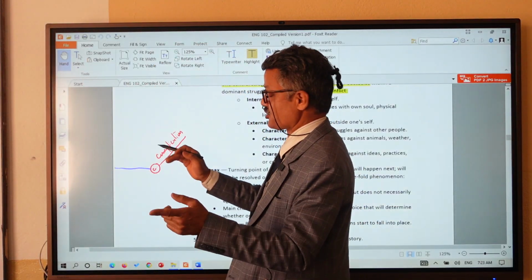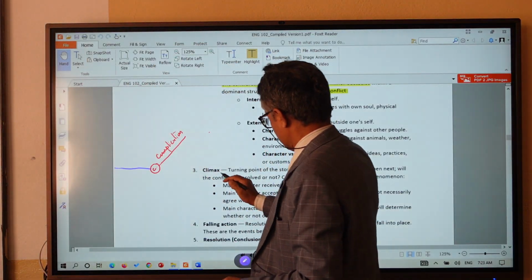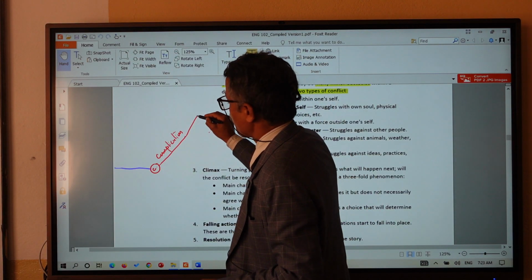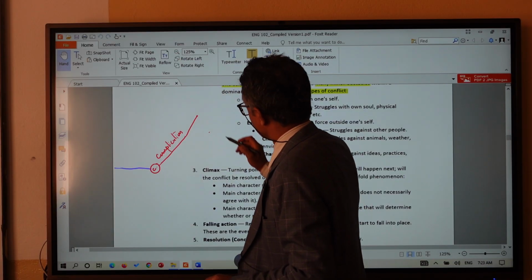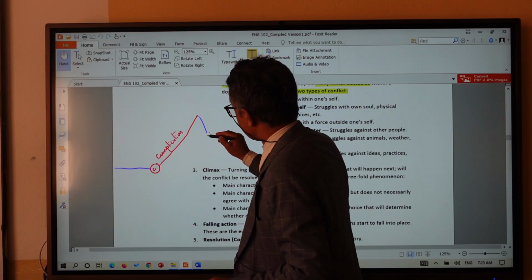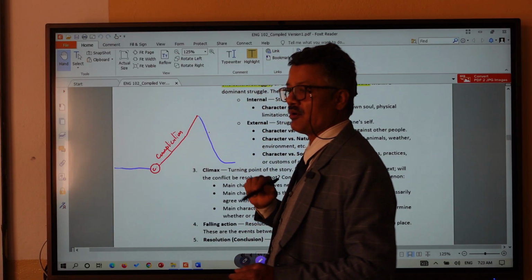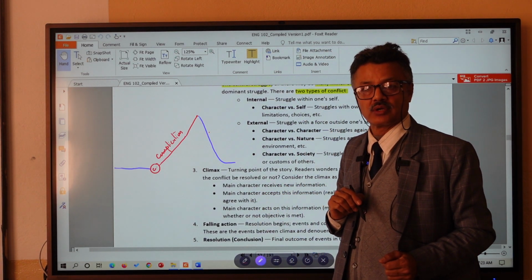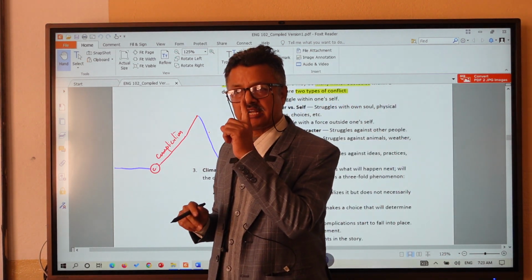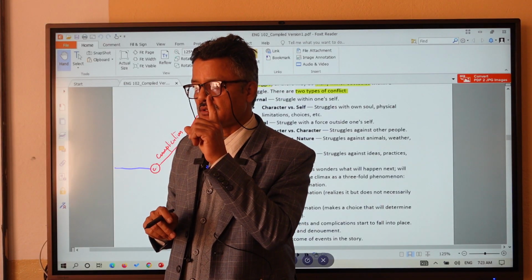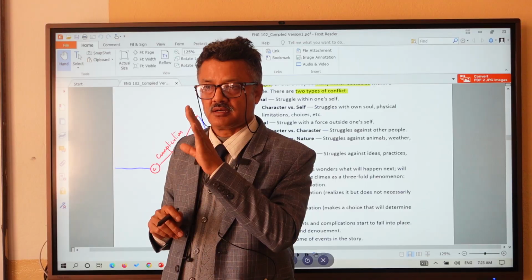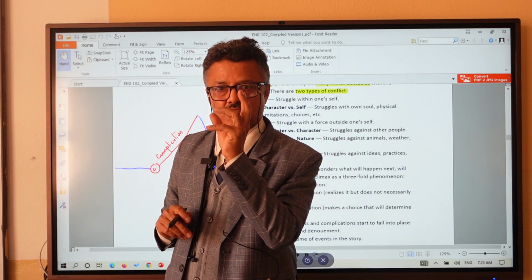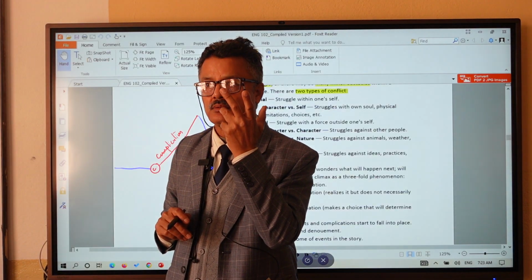In the story also, the climax is that point from where things change and cool down. Climax is the point where problems stop coming. Point where situation changes.